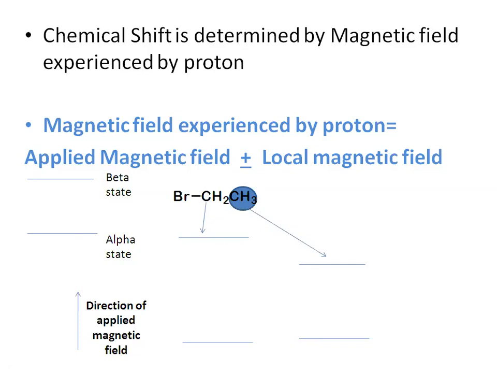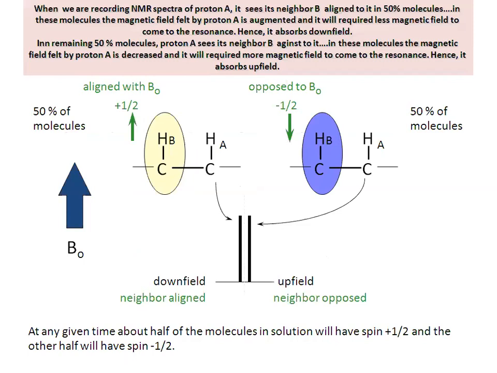They are going to alter the local magnetic field to a greater extent in comparison to what we see in spin-spin splitting. Even in spin-spin splitting, we see that there is a negligible difference in the magnetic field of the protons.